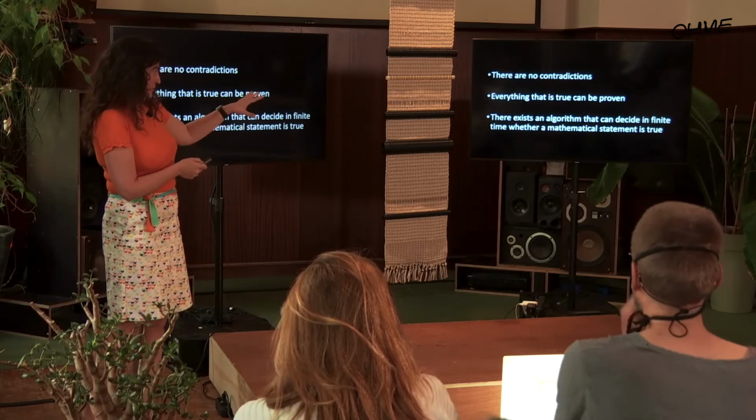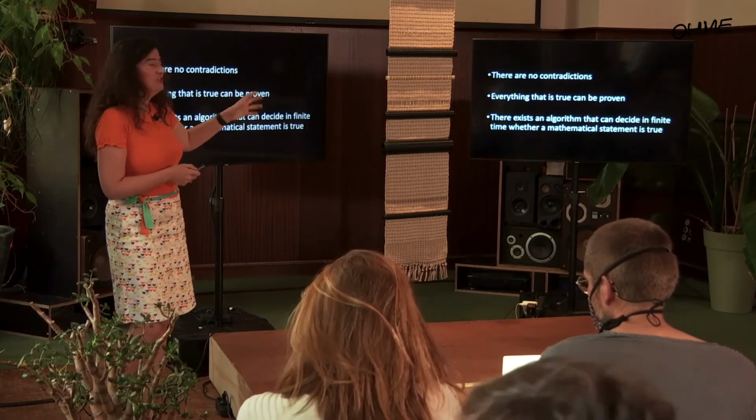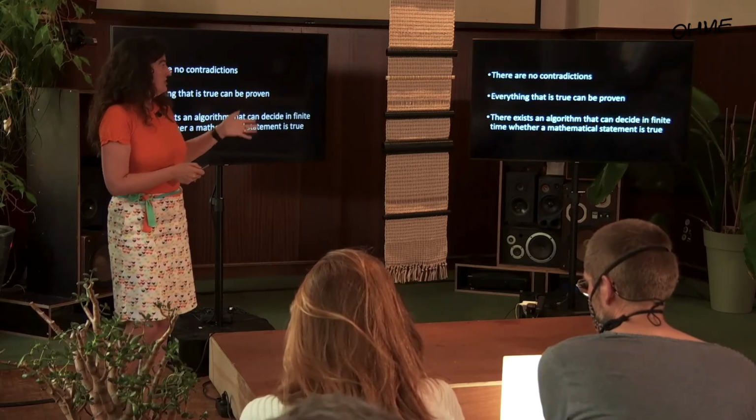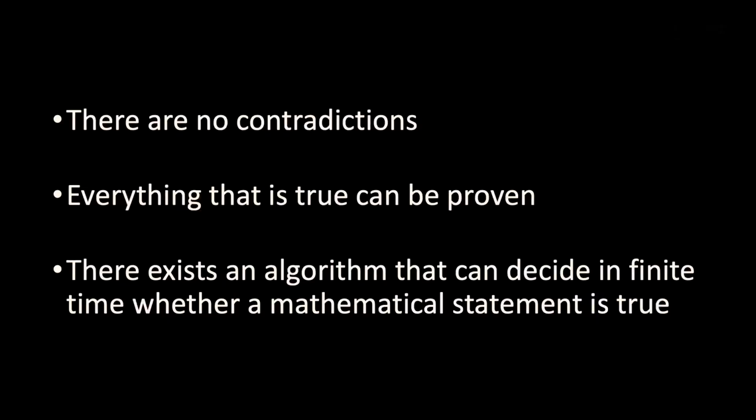And then there was still this last thing. So, well, if you change it a little bit, then you can ask, does there exist an algorithm that can decide whether a mathematical statement can be proven? Because this would then help a bit, right? Well, Alan Turing now shows up. You all have heard of him.